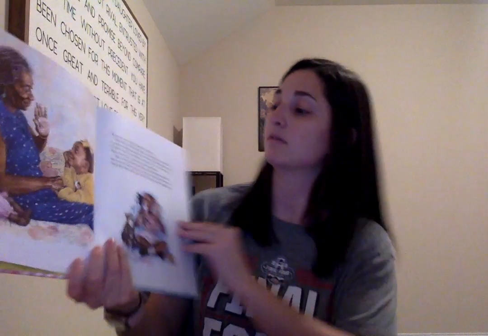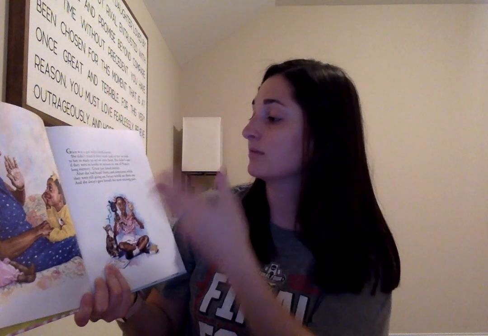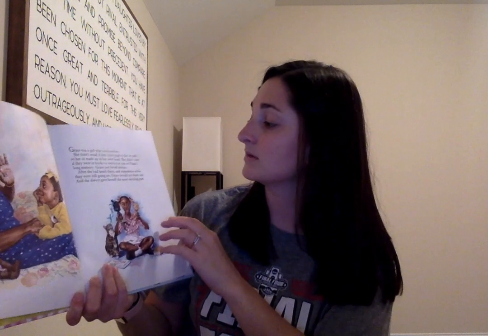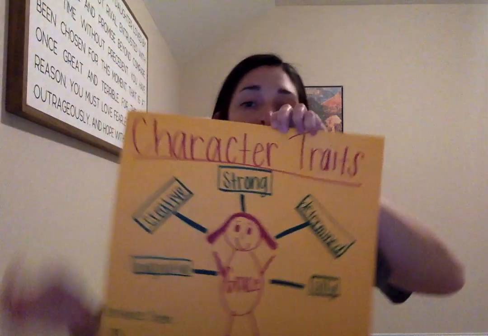I know this because the text says that Grace would act out the stories that she heard people telling her or that she read about. I know that because the text says she acted out the different stories, and sometimes she was all of the parts. That is me explaining the character trait of my character and how I know that.